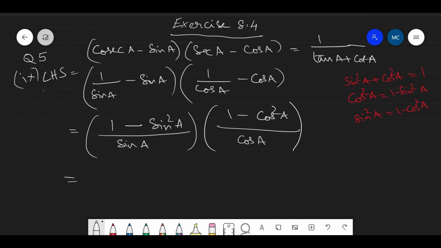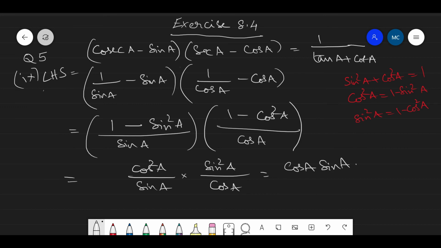So 1 minus sin square A is cos square A by sin A, into 1 minus cos square A is sin square A by cos A. And you know cos square A by cos A will give you cos A in the numerator. And similarly, sin square A by sin A will give you sin A in the numerator.